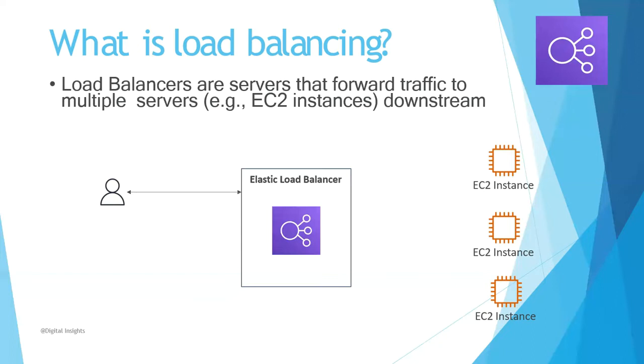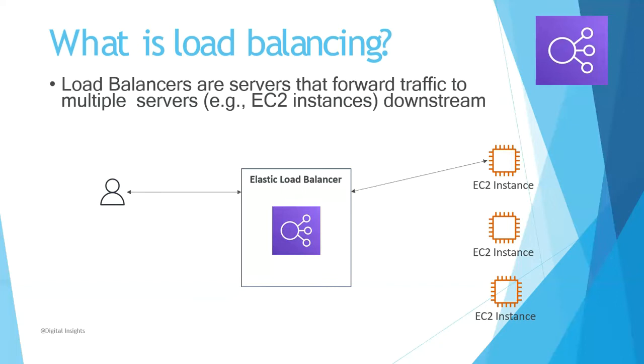Now what happens here is you expose your Elastic Load Balancer's DNS to the outer world, and the user will hit the DNS of the Elastic Load Balancer, and then the load balancer is smart and intelligent enough to have the capability, and it knows about the instances which we will actually define.